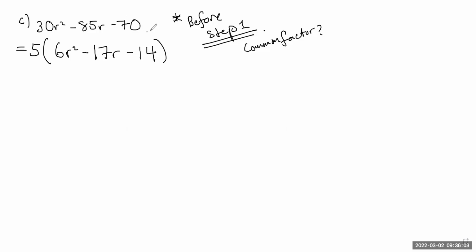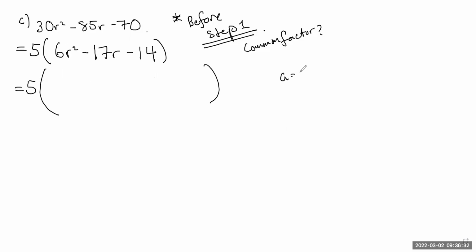So this question might seem like you had big numbers, right? It's like 30 times 70. I have to find two numbers that multiply to 2100. Like, no, that's not the goal. If you divide by 5, you can actually pretend that this question is just about this. So the 5 will always be there. Don't think that it disappears. The 5 will be there, but we're going to do our factoring with 6, -17, and -14.